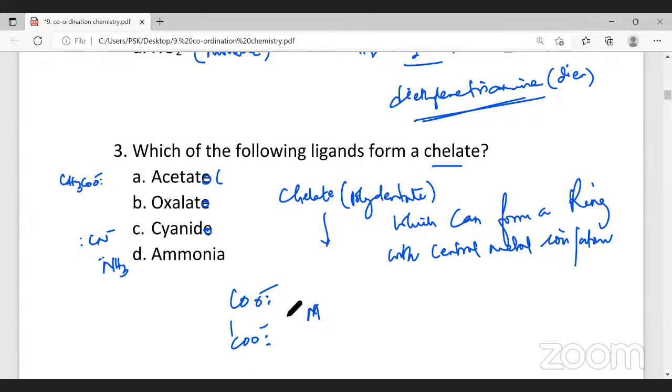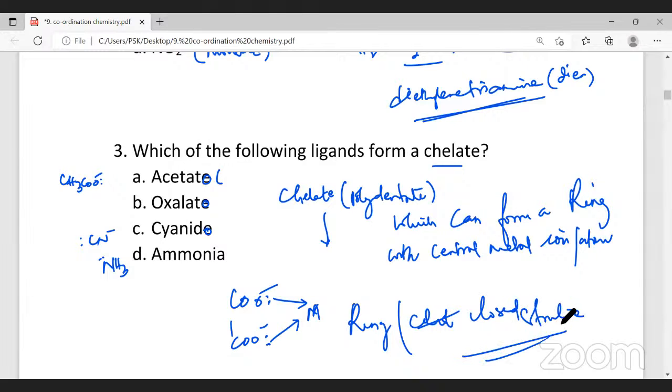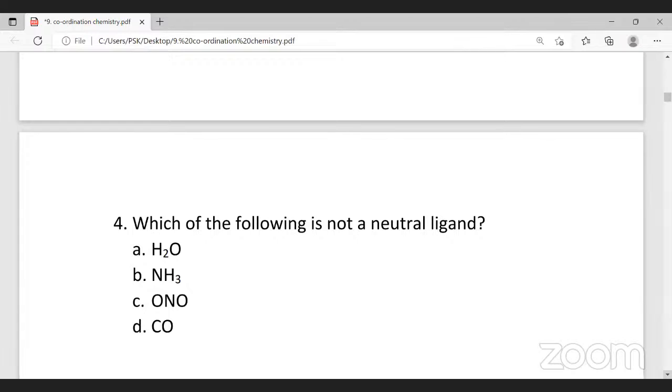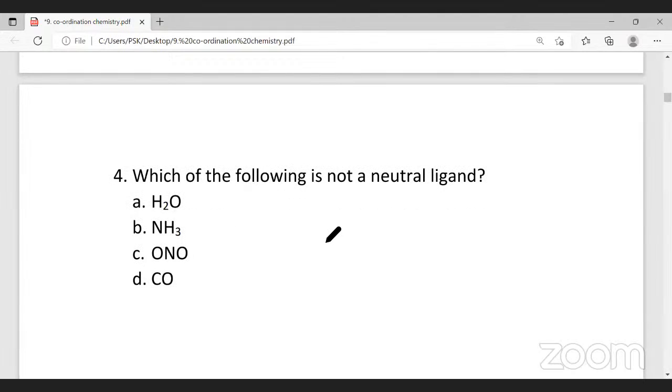If this oxalate is allowed to react with metal, these electrons are donated to the metal to form a bond. Now you can see a ring is formed, a closed structure. These kinds of ligands are called chelates. So the answer for this question is option B. Ligands which can form a ring with a central metal atom or ion are called chelating ligands. So a bidentate or any polydentate ligand can behave like a chelating ligand.